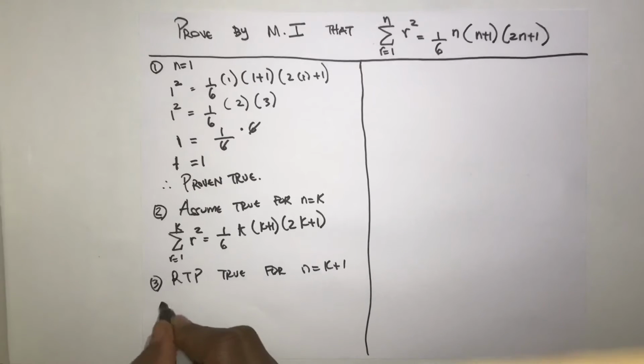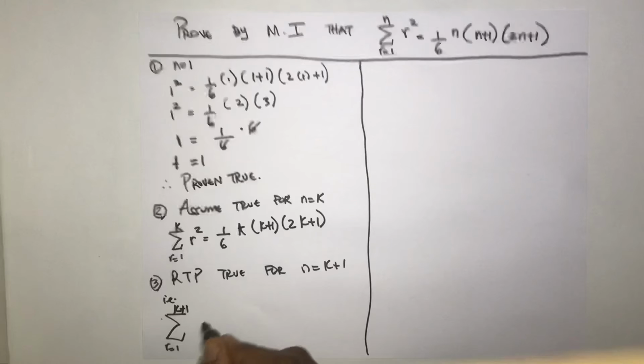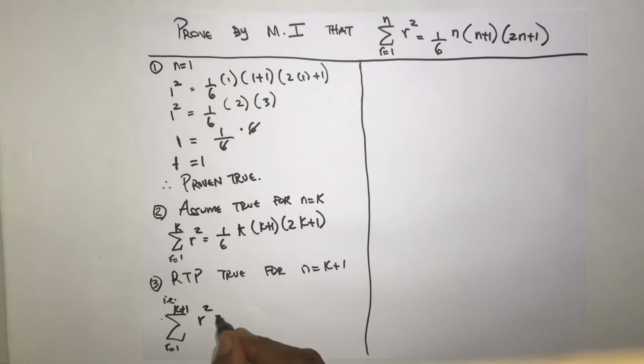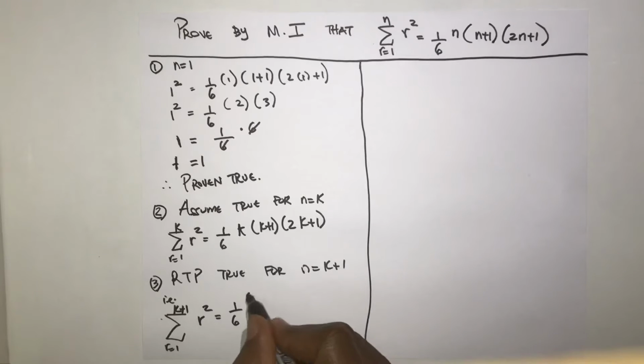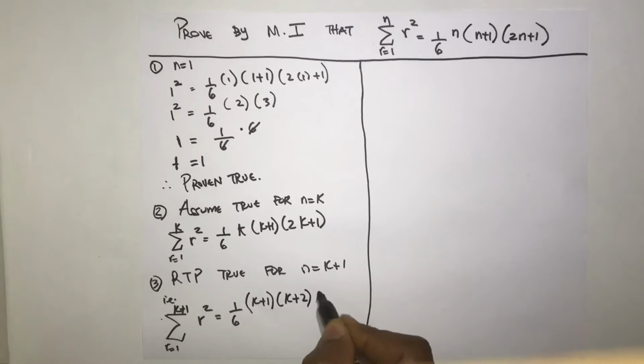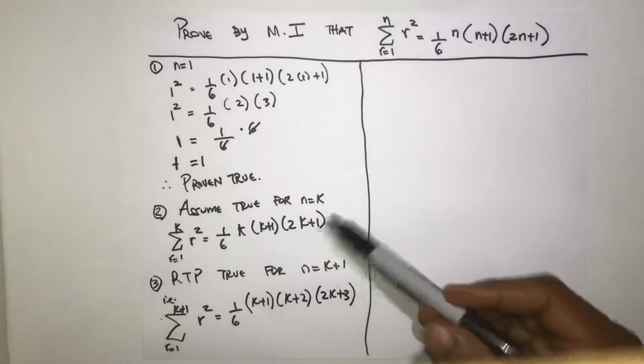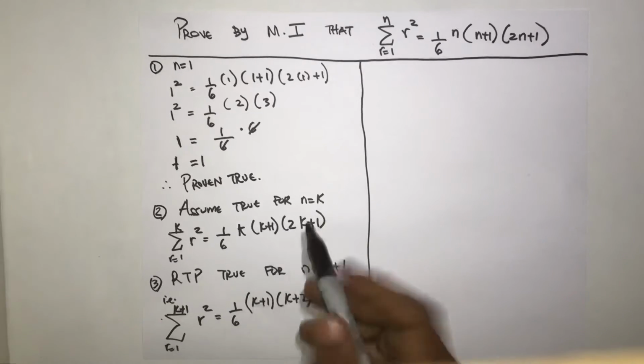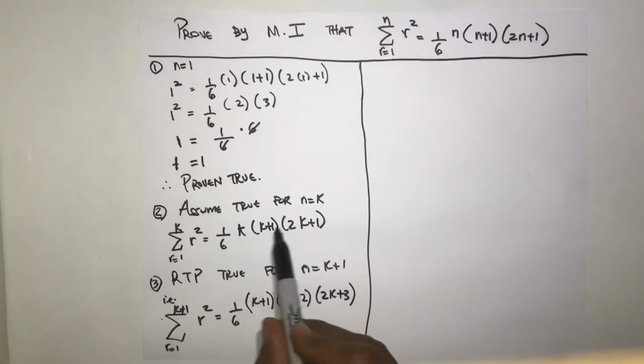So that is the sum of r equals 1 to k plus 1 of r squared is equal to 1/6. And anywhere k is, you put k plus 1, so this will be k plus 1, k plus 2 and 2k plus 3. That is, you replace n equals k plus 1 in the formula here.